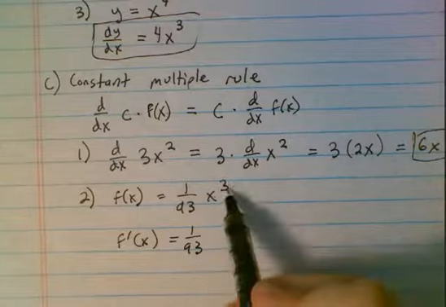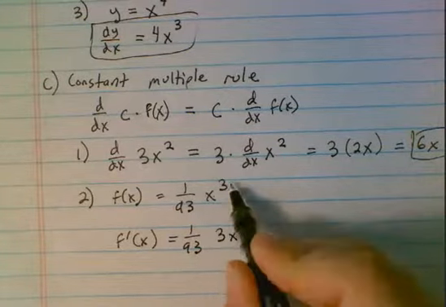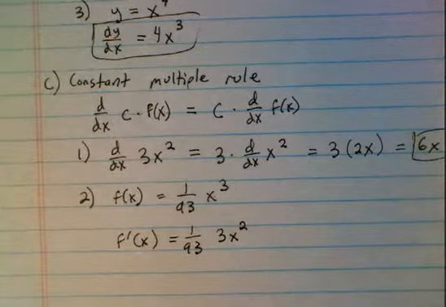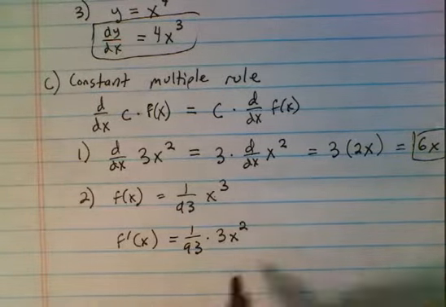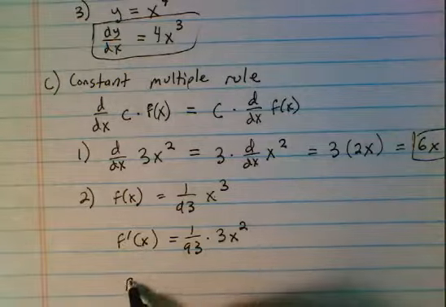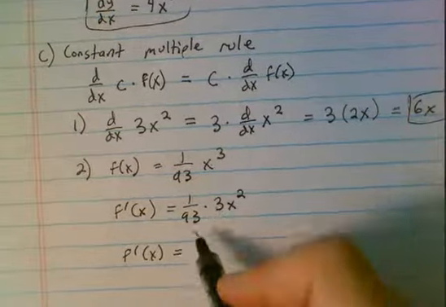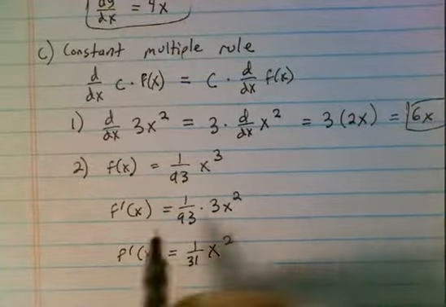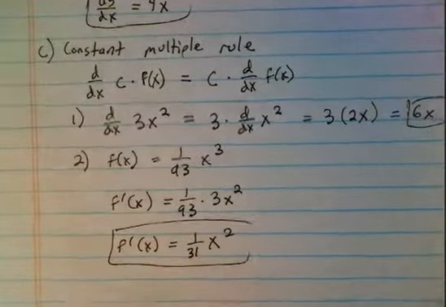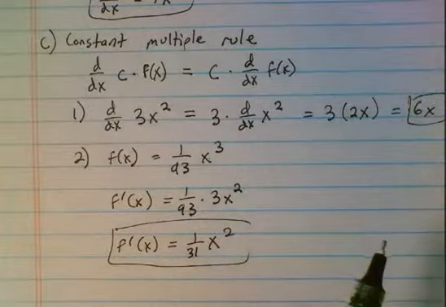What we're going to do is take the derivative here, bring down the 3, subtract 1 from the exponent, and there we go. Now we'll just multiply here. And that'll cancel to be 1 over 31 x squared. Any number in front, just along for the ride.